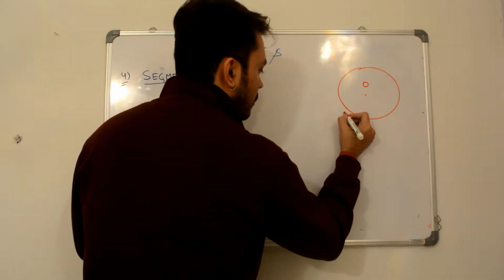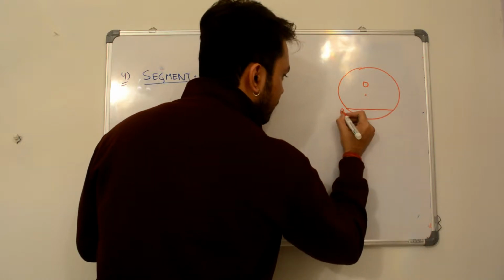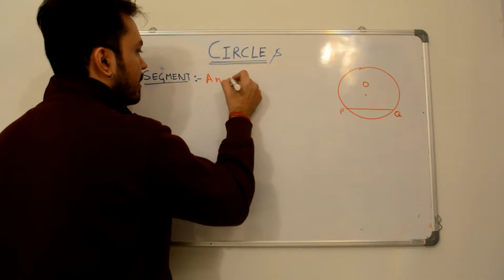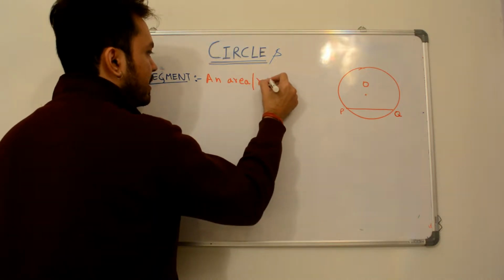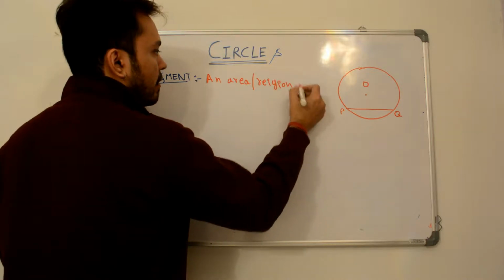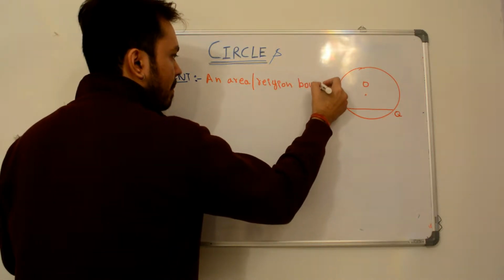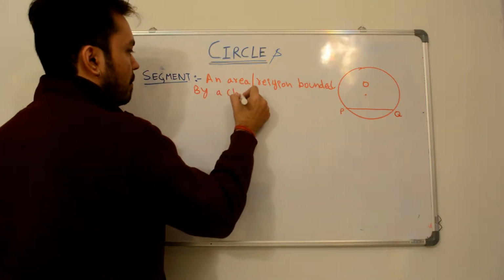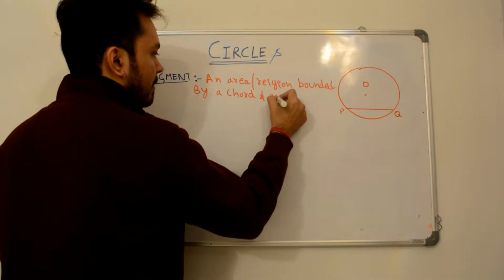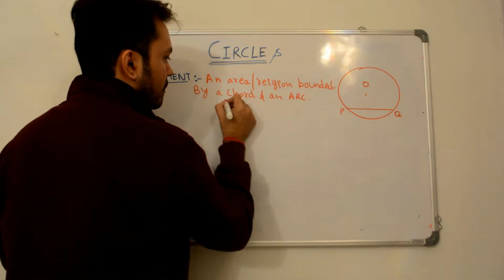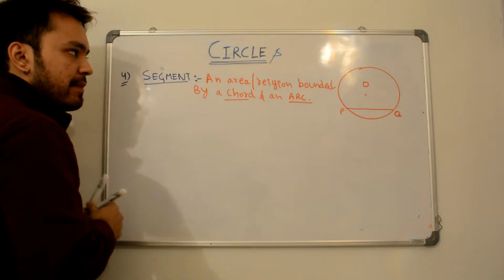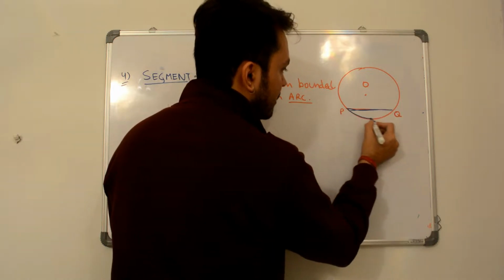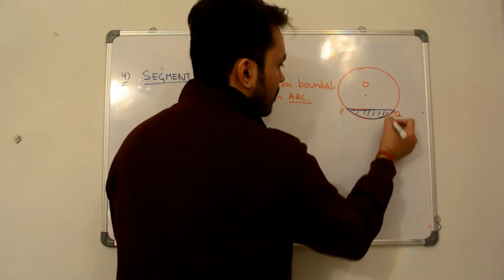If I draw a chord, let us say P, Q. So a segment is an area or a region bounded by a chord and an arc, right? So a segment is an area or a region bounded by this chord PQ and this arc PQ. So this all is a segment.